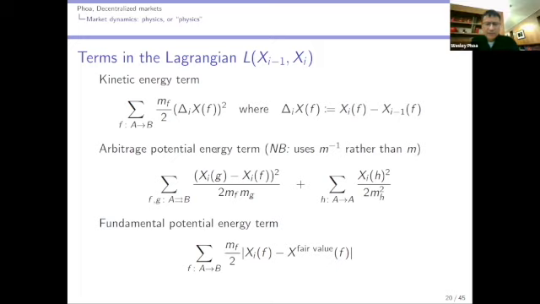So pretend that the mass is the inverse mass for the reason I mentioned. The reason there's a squared term here is that the idea behind this is a bit like elastic potential energy, that having an arbitrage between two arrows is like stretching them apart when they really want to be together.